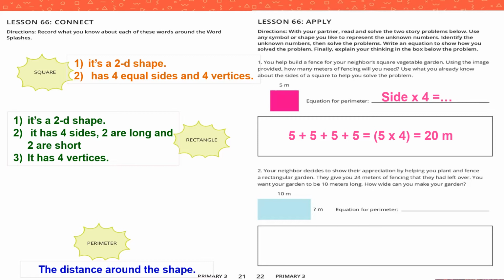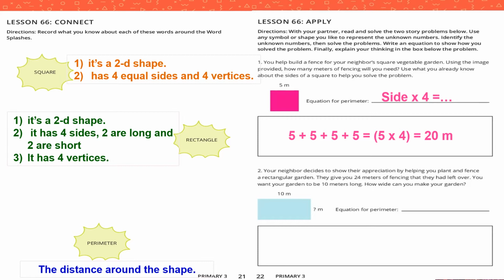Perimeter. Yes. So the perimeter is 24 meters. You want your garden to be 10 meters long. So this is a rectangular garden. The length is 10 meters. I want to know this side, which is width.